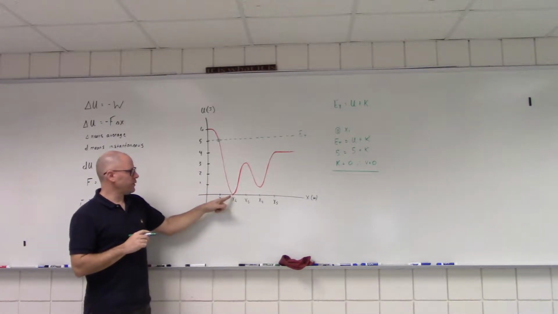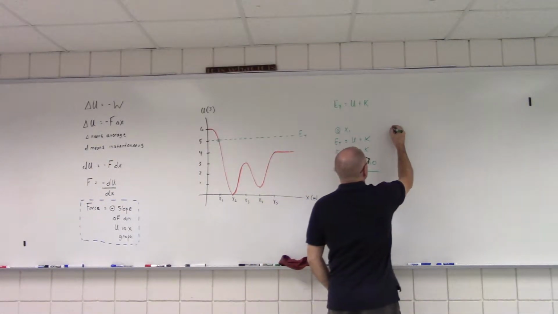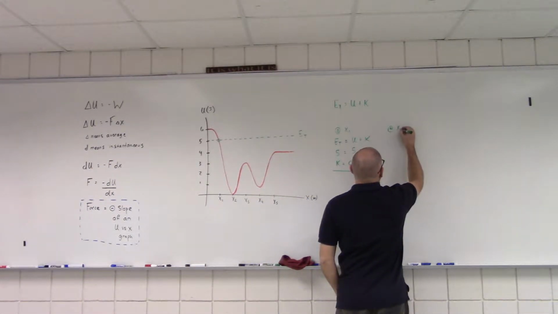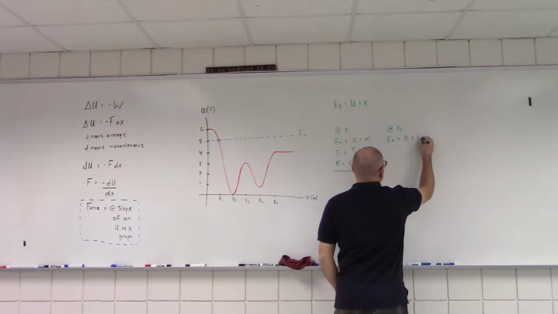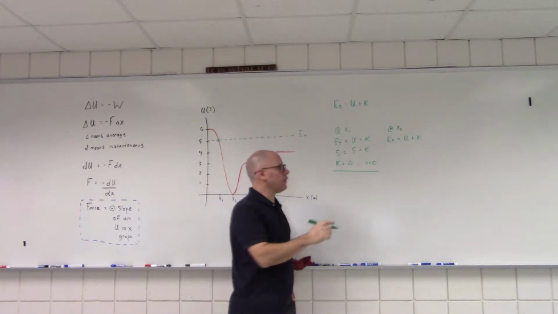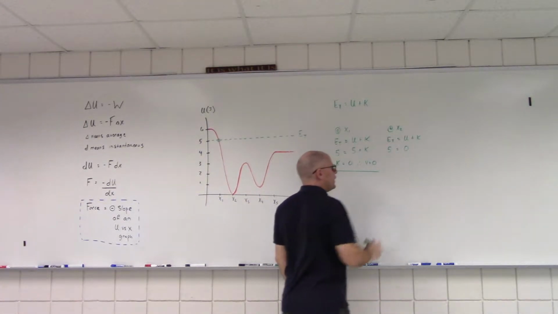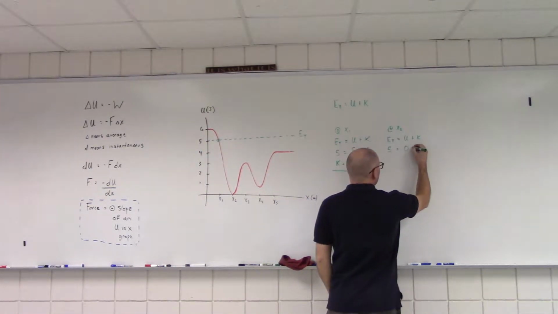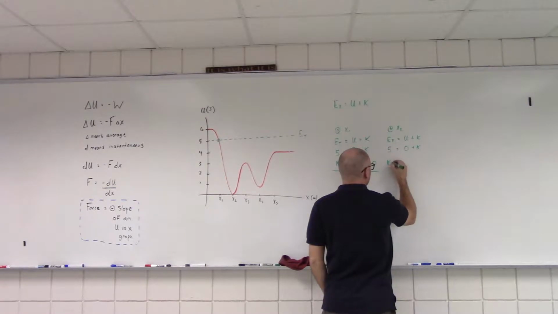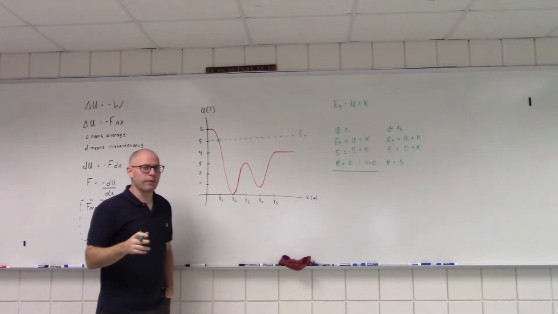As it moved from x2 to x1, down here at x2, let's check the situation there. Same idea here. The total amount of energy is still 5. At x2, the potential energy is 0. Therefore, the kinetic energy is equal to 5, which means it's moving fast.